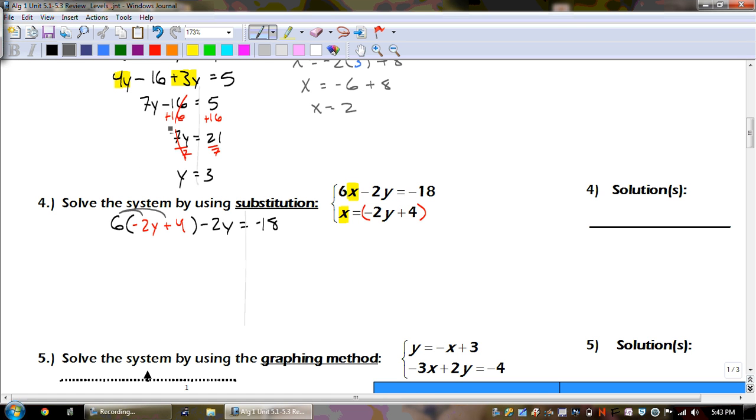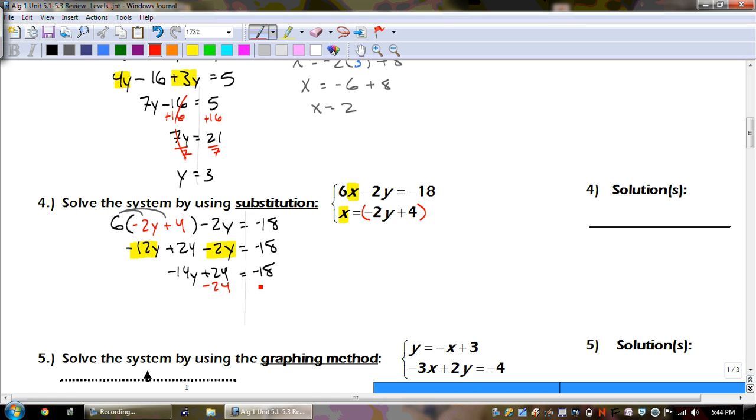Now let's go ahead and start solving. We have to distribute that 6 in. So we get -12y plus 24 minus 2y equals -18. Go ahead and combine your like terms. We get -14y plus 24 equals -18. And now we have to solve for y.